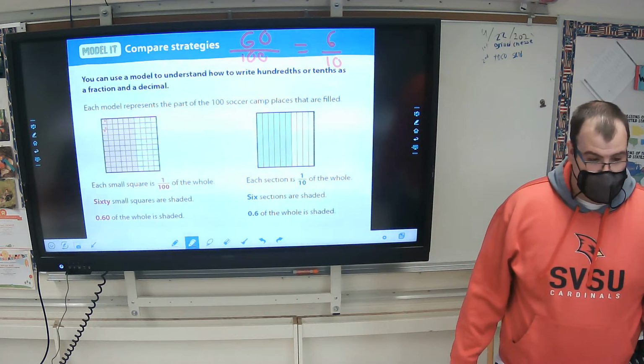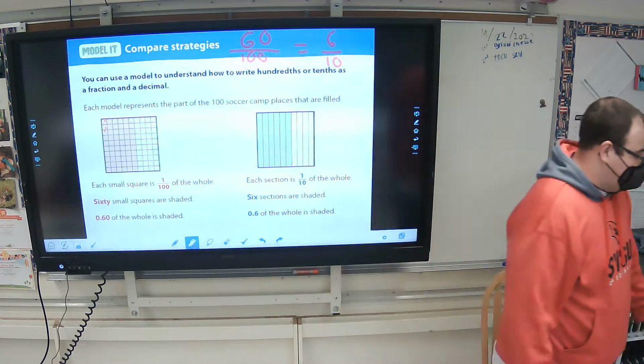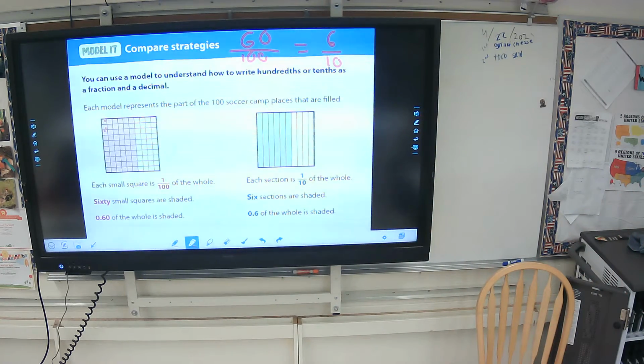If a fraction and a decimal are equivalent, then the decimals must be equivalent as well, correct? If 60 over 100 is equivalent to 6 over 10, then 60 hundredths has to be equivalent to 6/10. Does that make sense?